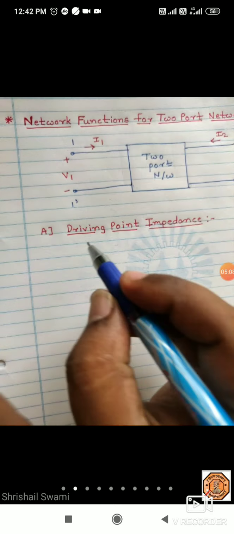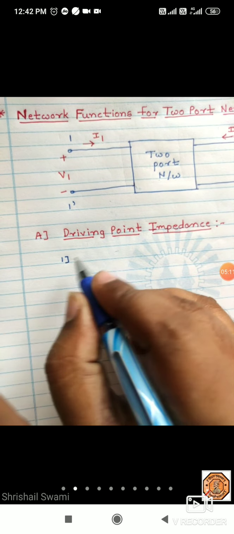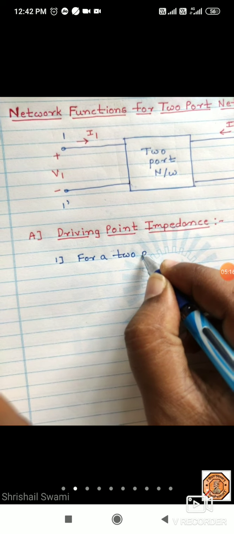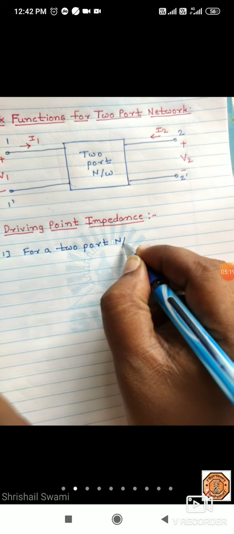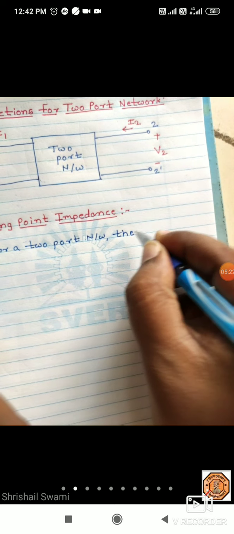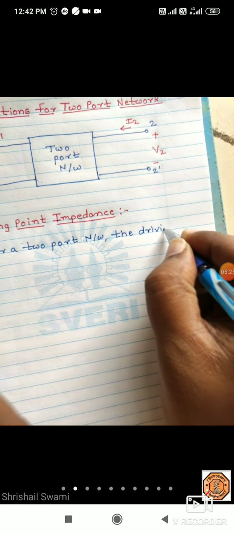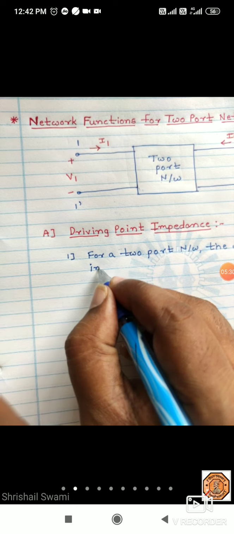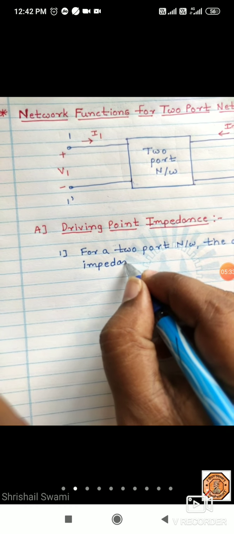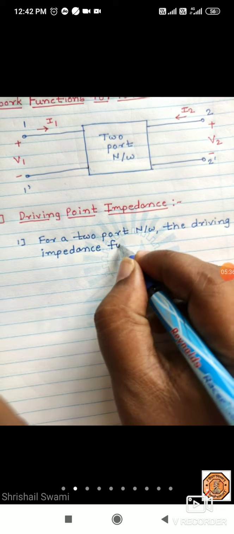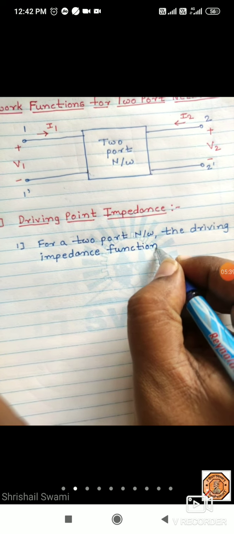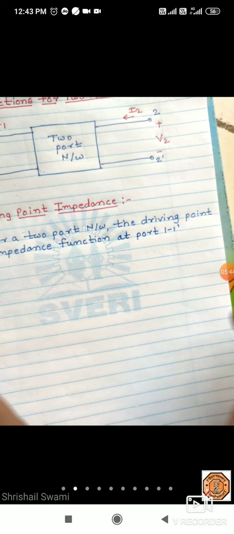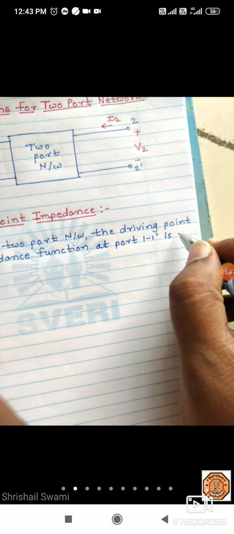For a two port network, the driving point impedance function at port 1 dash is defined as.